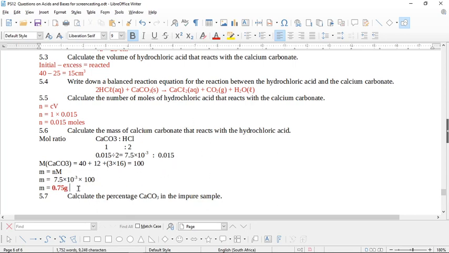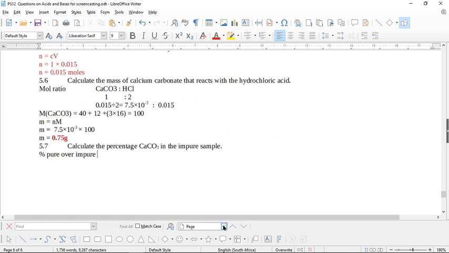So only the pure part of the calcium carbonate will have reacted. So the next question says, calculate the percentage calcium carbonate in the impure sample. So the percentage is going to be the pure over impure times 100. So to find the percentage, we have to take our pure over the impure.